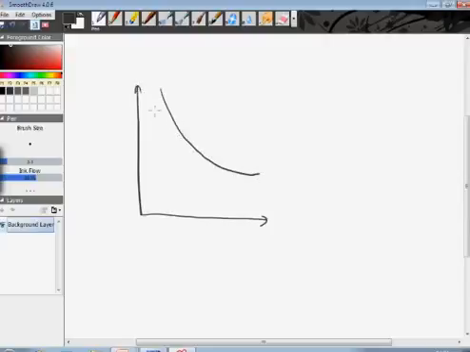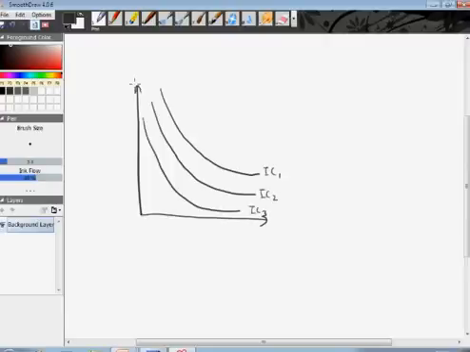Suppose this is IC1, this is IC2, and this is IC3. The indifference curves IC1, IC2 and IC3 present here a hypothetical indifference map of the consumer.